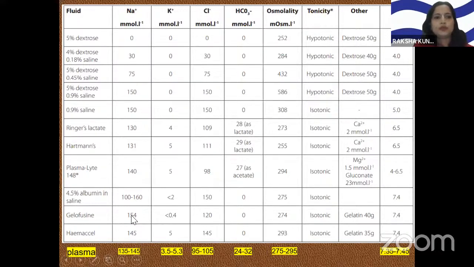Now, if we go to the fluids, all the dextrose-containing fluids are hypotonic. Dextrose 5% does not have any electrolytes, whereas the 4% with saline has electrolytes, but because of the dextrose content, which gets metabolized in the body, they are hypotonic.